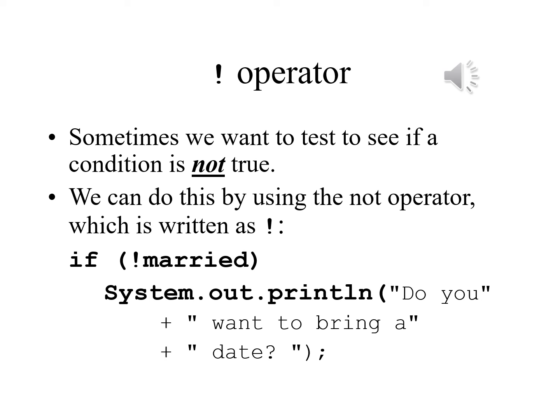Sometimes we want to test to see if the condition is not true. And the way in which we do this is to put an exclamation point in front of it. If married were true, putting the not in front of it would change the value to false.